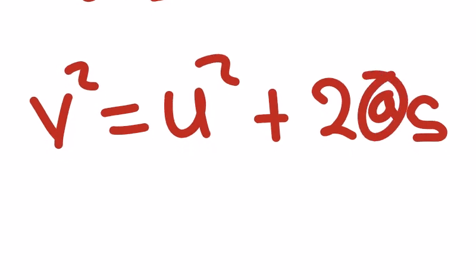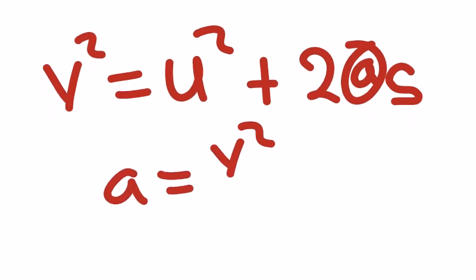Let's make a the subject of the formula here. I'm not going through all the steps to make a the subject because of time. But if you would like me to do a lesson that shows how to make a the subject of the formula, let me know in the comment section below. So if you do the work, a will be equal to v squared all over 2s.